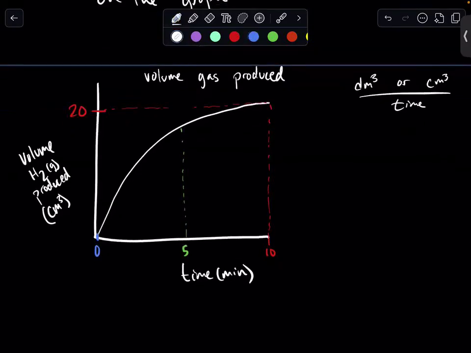So we'll start out with initial rate. For our initial rate calculation, what we will do is create our tangent line. That's the line that is tangent to our initial point or our initial part of the graph.